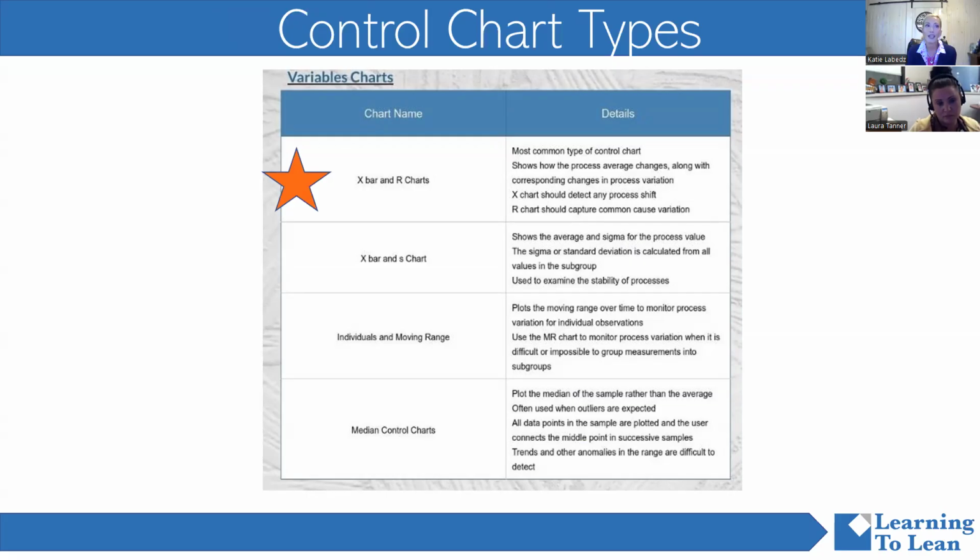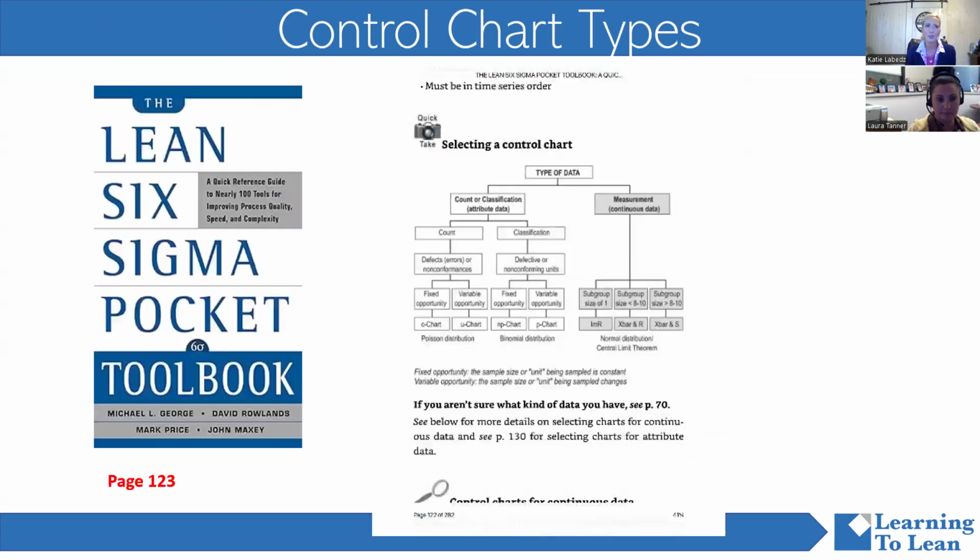There is an X bar and S chart that shows the average and sigma, an IMR chart, which is individual and moving range, and then a median control chart. But for the most part, all of us regular folks are looking at X bar and R. And that's what you'll see when you're looking online for charts, or you're looking in books or references, etc.